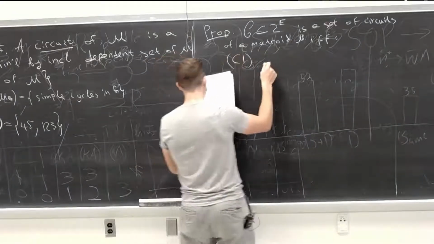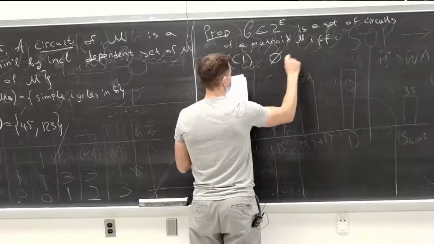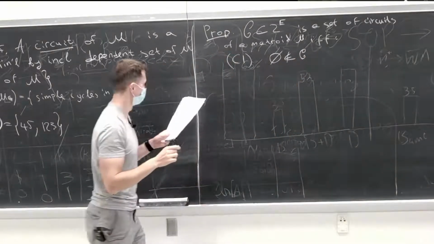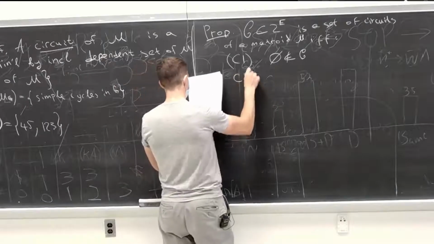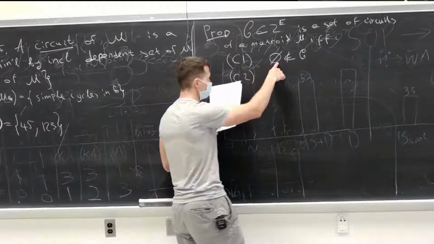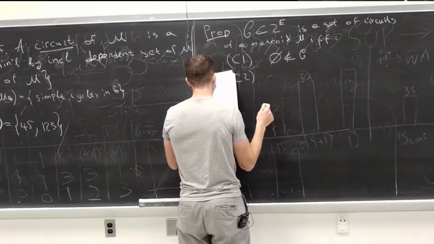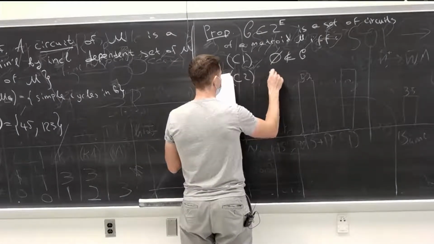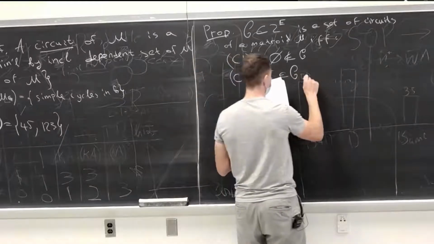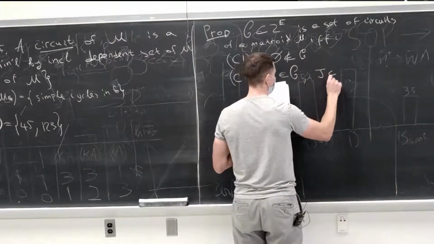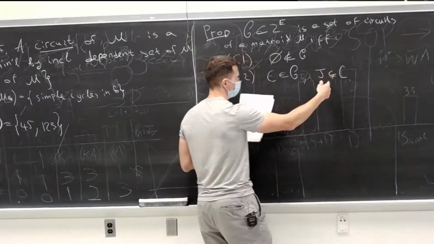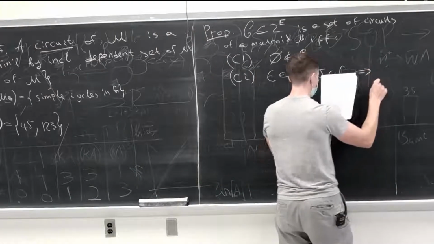The first one is trivial. The empty set is not a circuit, because the empty set is independent by definition. The other claim is that if you have a circuit, a proper subset of a circuit is not a circuit.